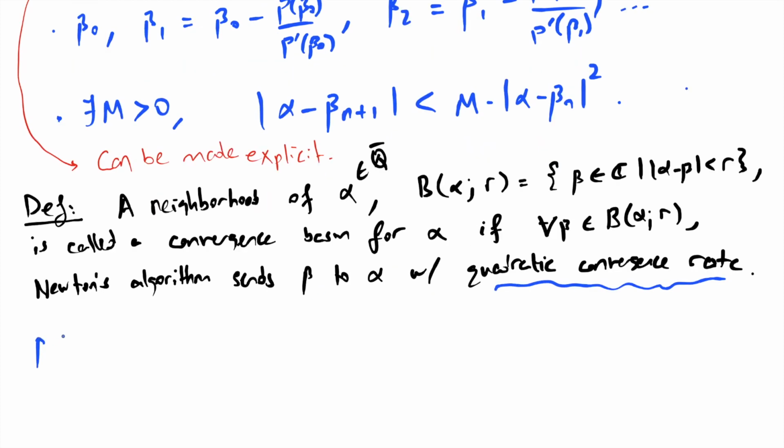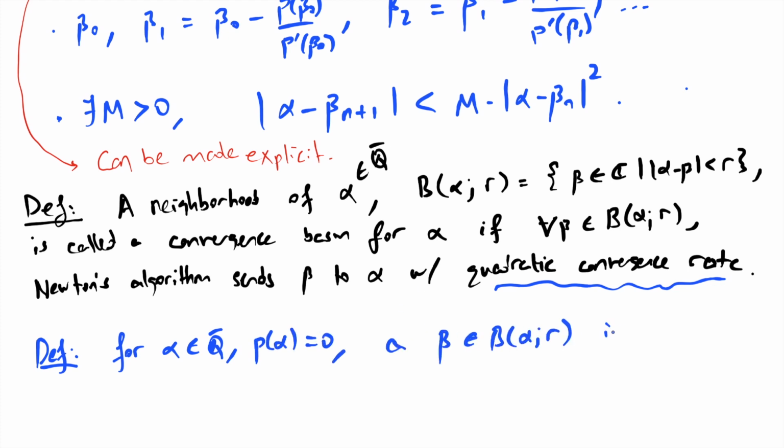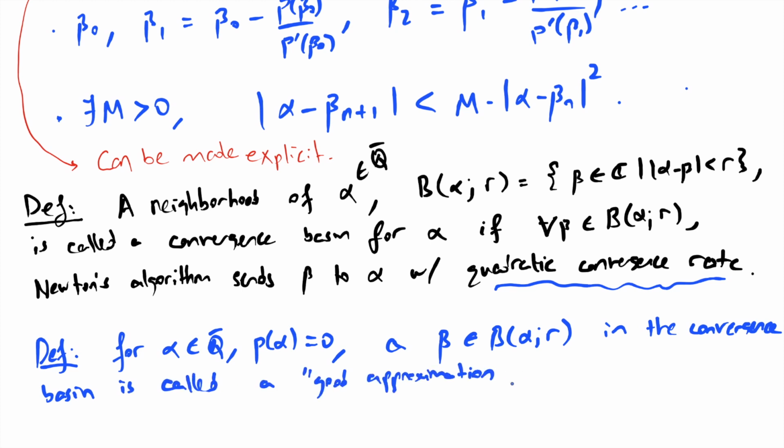And we can declare we have a solution when we are given a point in the convergence basin for alpha. So a beta in a convergence basin is called a good approximation of alpha, and we will consider such a good approximation to be a solution to the polynomial. This seems sketchy, but we will see later how, when you have the ability to approximate arbitrarily well, you can actually do rigorous calculations with algebraic numbers.